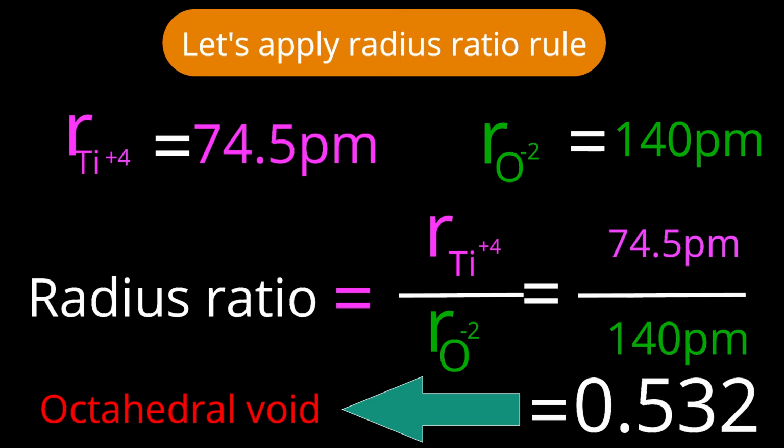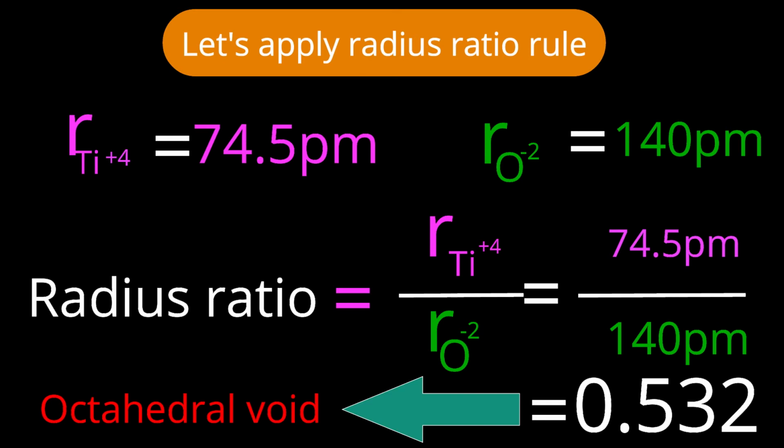Let us apply our radius ratio concept to these cations. One is titanium plus 4 and other is calcium plus 2. Titanium plus 4 has radius 74.5 picometer and oxide ion has 140 picometer. So value of radius ratio is 0.532.